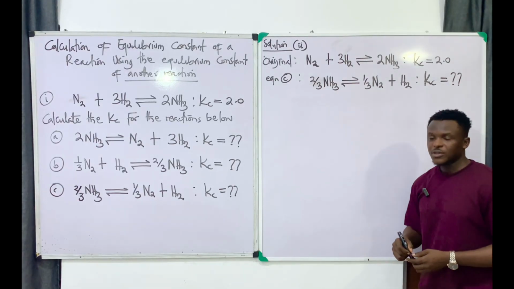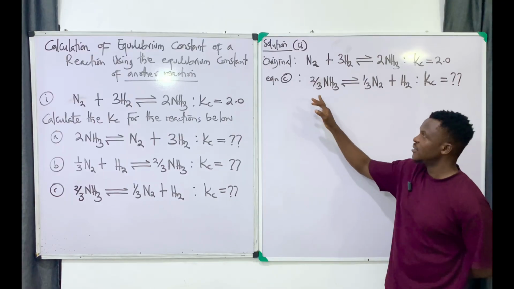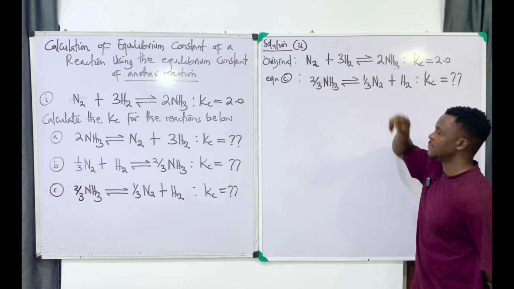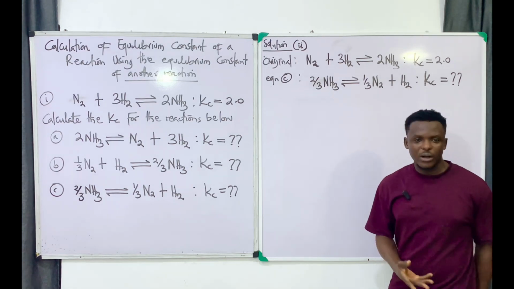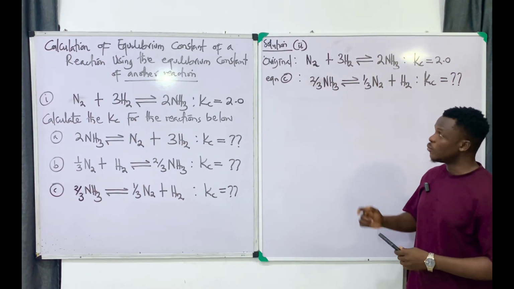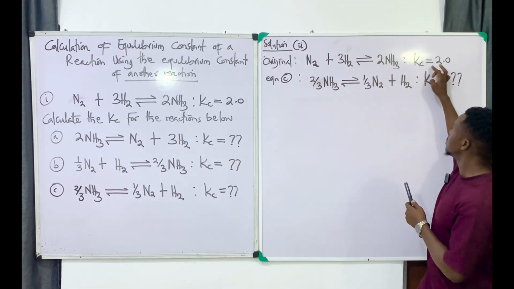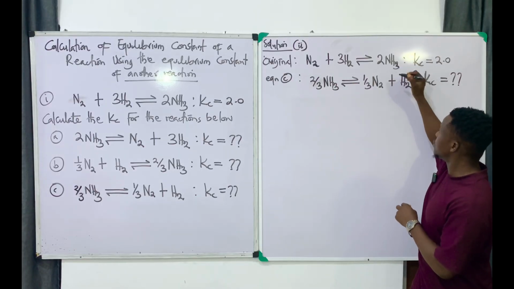All right. So if you look at this question, they are asking me to find the equilibrium constant of equation C using the equilibrium constant of the original equation. So how do we go about this? First thing first, you ask yourself, what is the relationship between an equilibrium reaction with a known constant and the one without a known constant?